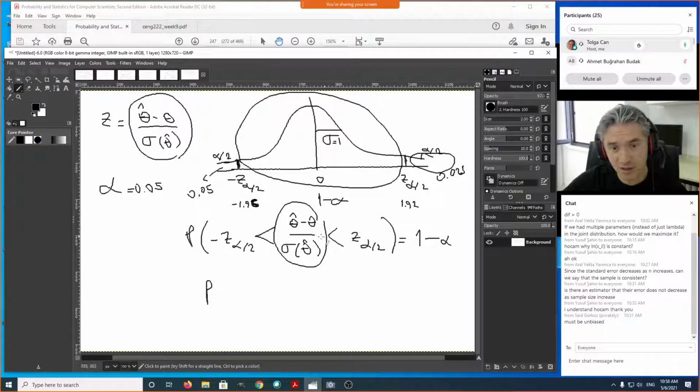If I multiply by the standard error here and put theta the other way around, it's going to be like this.